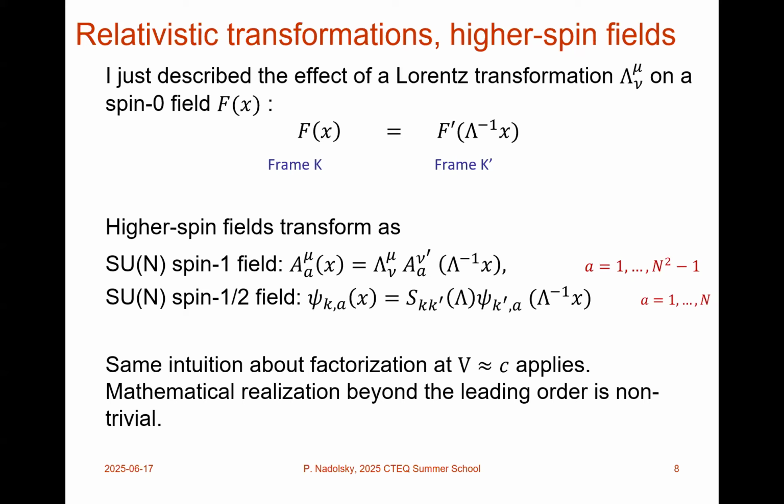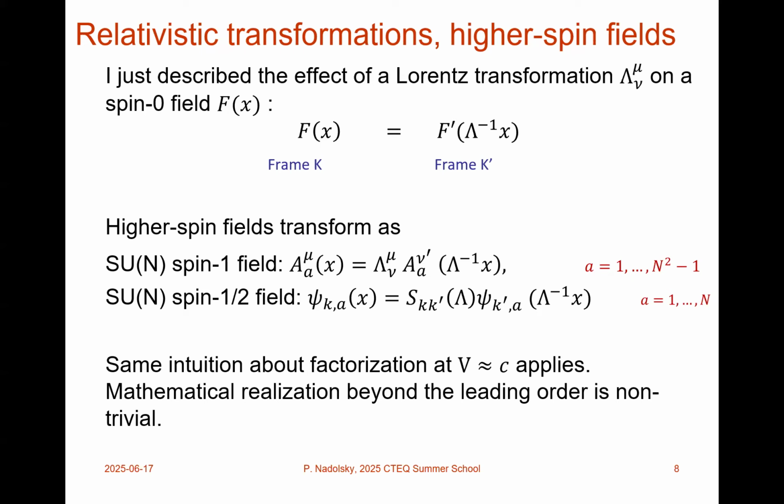Okay, all right. So what I described to you is basically a basic property of the relativistic transformation of the boost, right? And here, by the way, I was showing the transformation on the spin zero field. I didn't tell you that fermions have spin 1/2 or gluons have spin 1, but you could imagine that there are similar transformations that are also applied to fermions or vector fields.